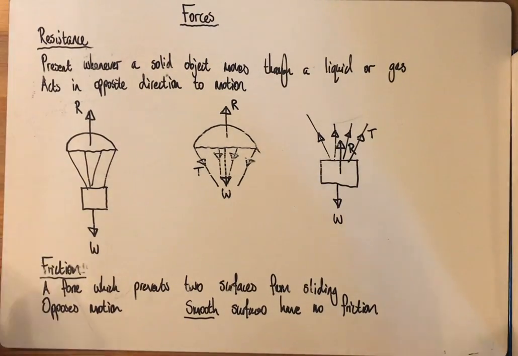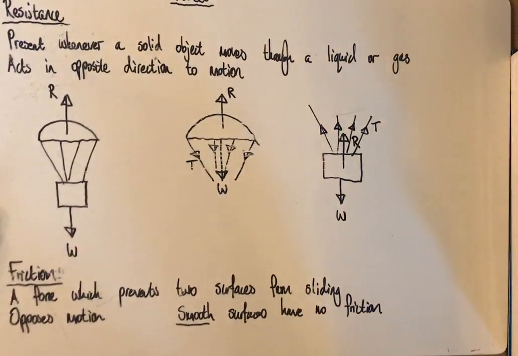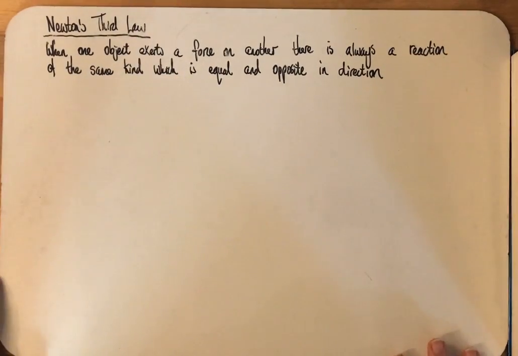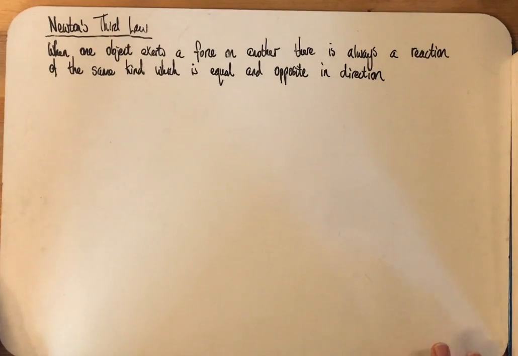Right, Newton's laws, we're not going to do them in order because we never seem to for some reason. So Newton's laws, you've probably heard of them before, but there's 3 laws of motion. And the first one we're going to look at is that when one object exerts a force on another, there is always a reaction of the same kind which is equal and opposite in direction.